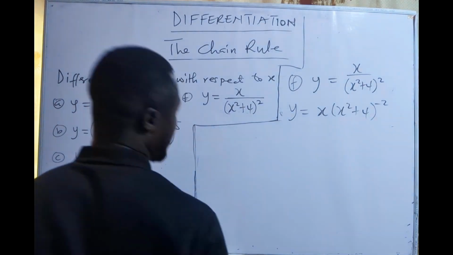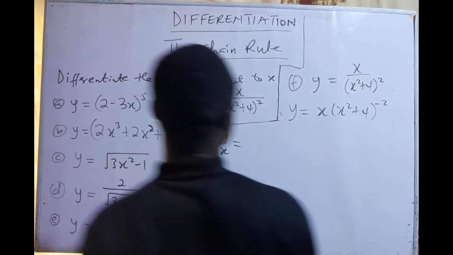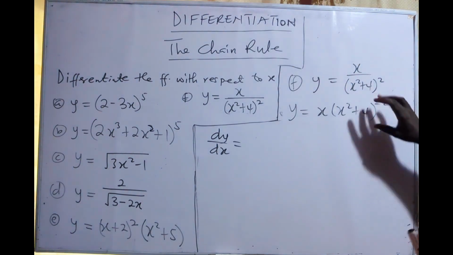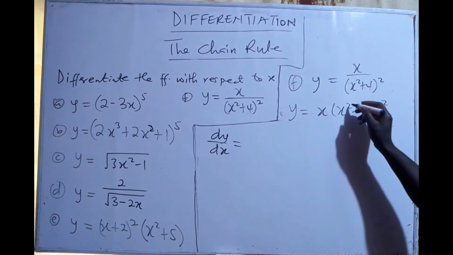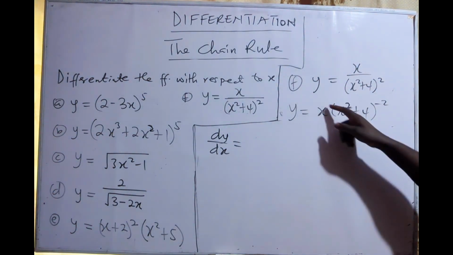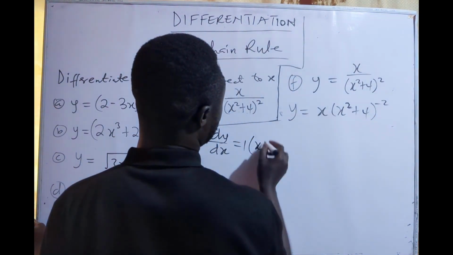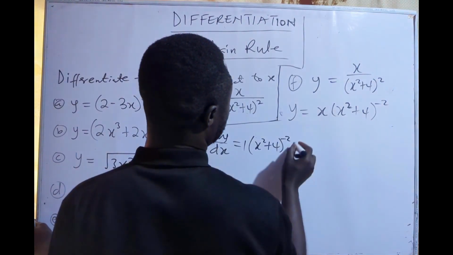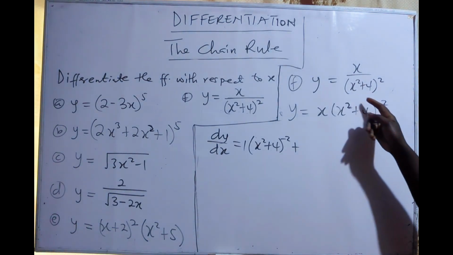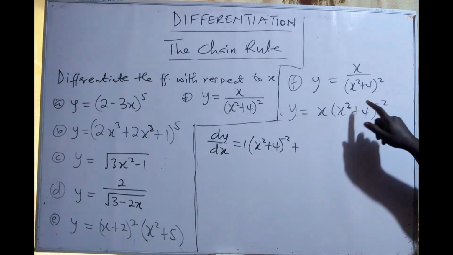So here, for dy on dx, I'm going to apply the product rule. Differentiate this and maintain this. Differentiate this and maintain this. So when I differentiate this, I'll get 1. Then I maintain this with (x squared plus 4) exponent negative 2, plus. Then I also differentiate whatever I have here and maintain this, applying the chain rule.